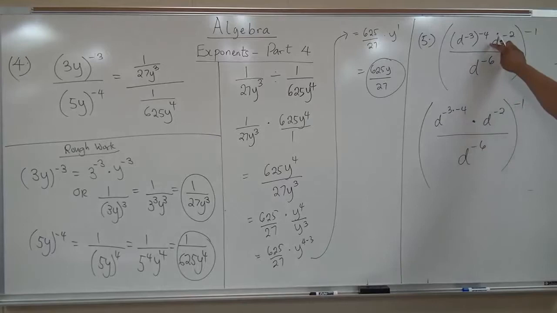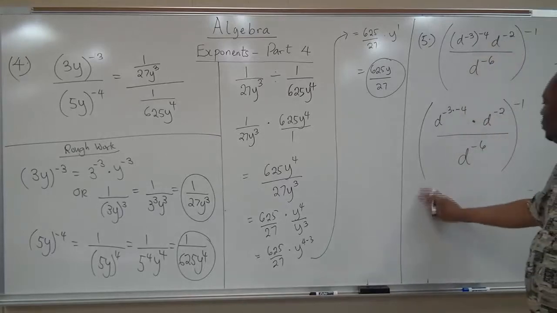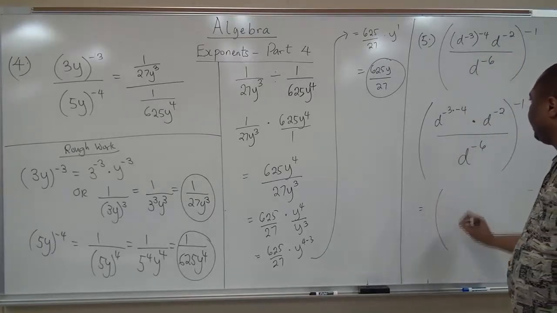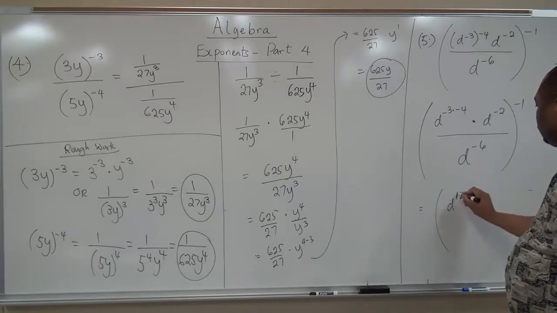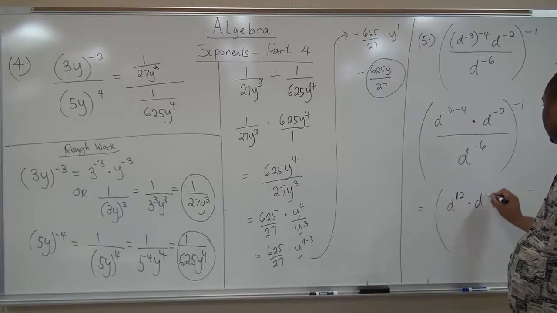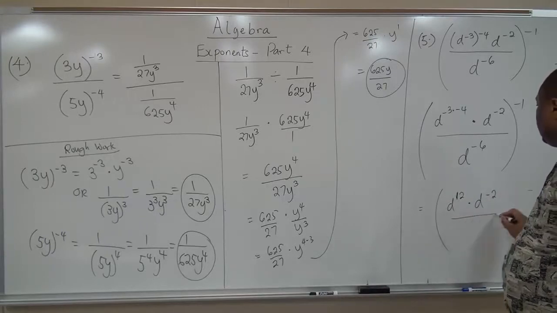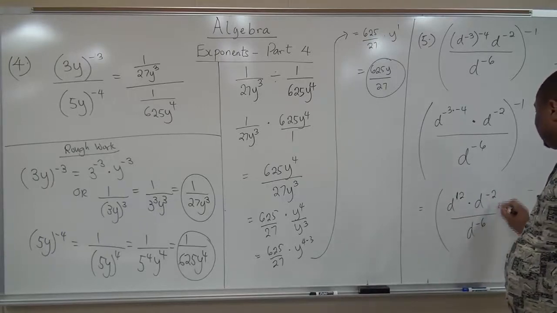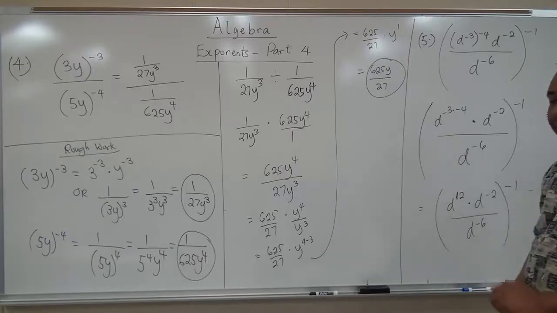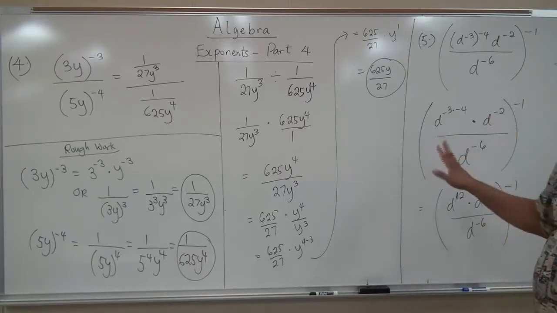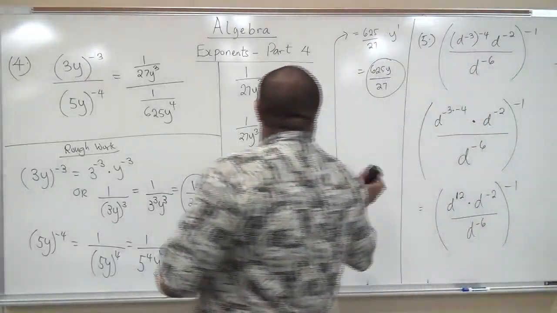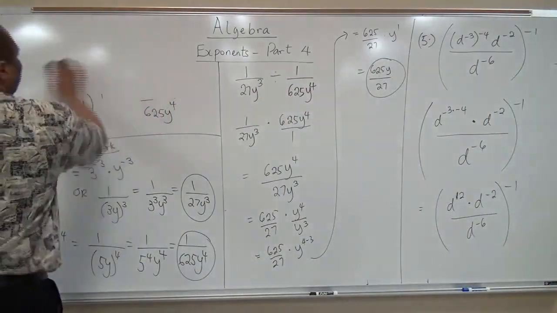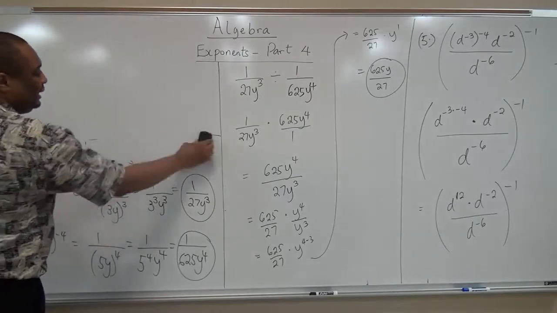Because this means times. So d -3 times -4 is 12. So 12 times d exponent -2 all over d exponent 6. Then all exponent -1. I prefer to do it like this first than doing the reciprocal first. And this is homogeneous in d.